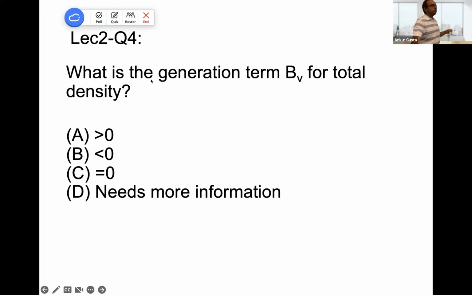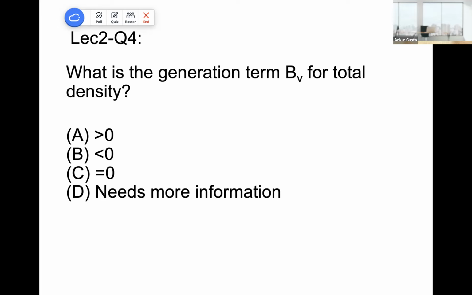So maybe we can have a quick volunteer for why it is 0. You chose 0, anybody? Why? I think you're going to the right point. Anybody else?